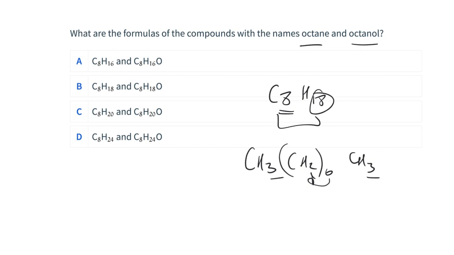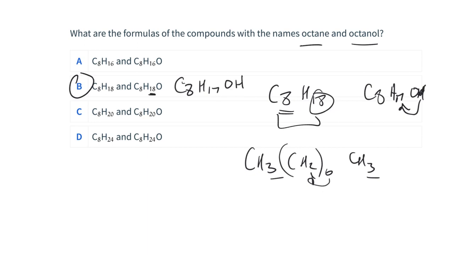And then if you remove a hydrogen and replace it with a hydroxyl group, you'd have C8H17 hydroxyl. So C8H18 and then C8H17OH. It's completely legal to combine this H over here. So B would be the best way to write the formula, C8H18O. This is the same as C8H17, then the OH group.